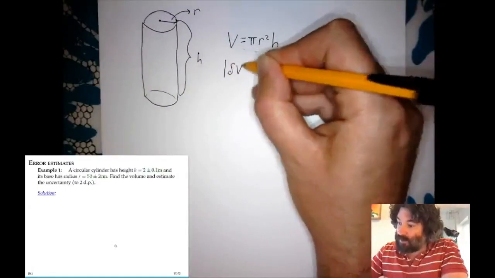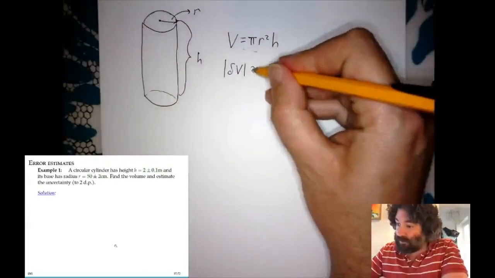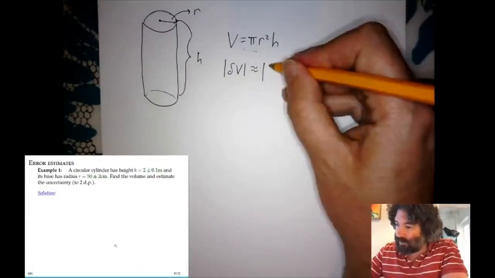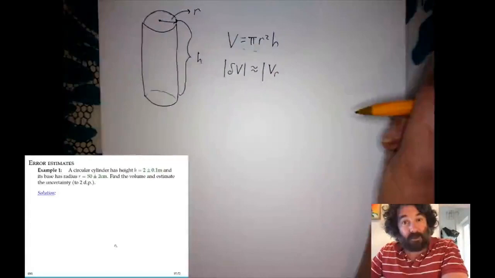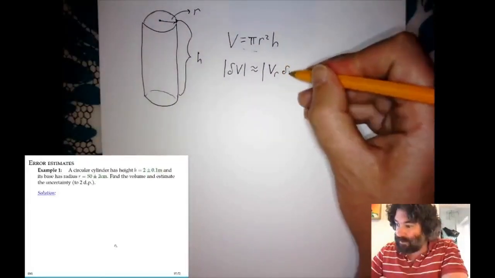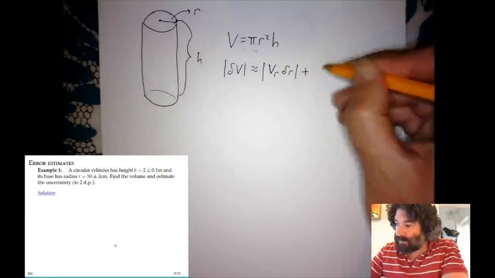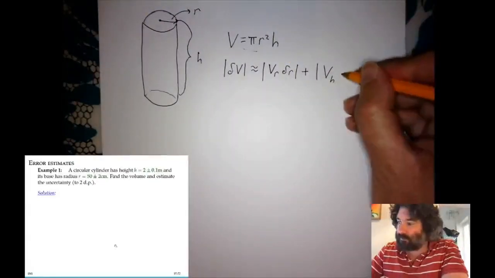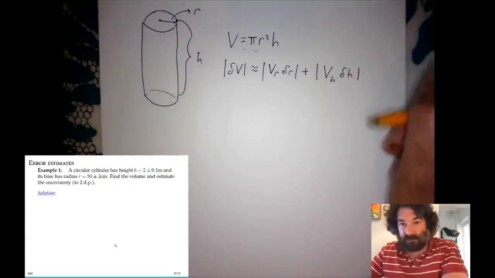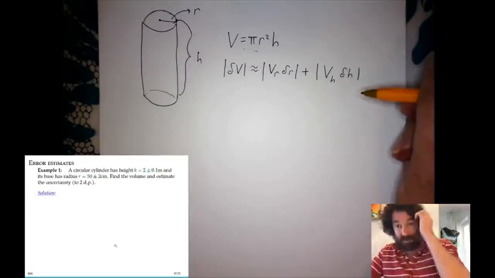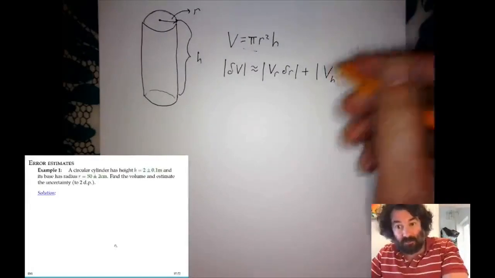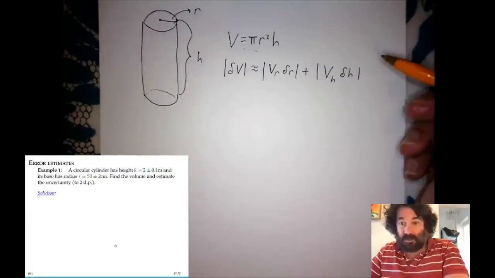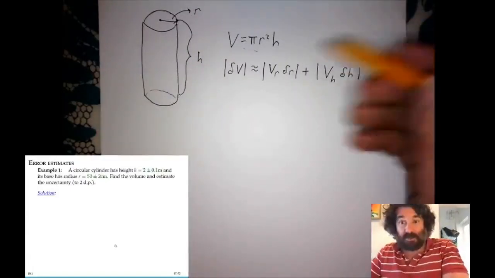So the error in the volume, delta V, is the modulus of the derivative of this formula for the volume with respect to r times the error in r, plus the derivative of volume with respect to h times the error in h. And this is, of course, similar to when we estimated the change in the volume using the linear approximation, but we've got the absolute values or modulus here because we don't know the signs of the errors.